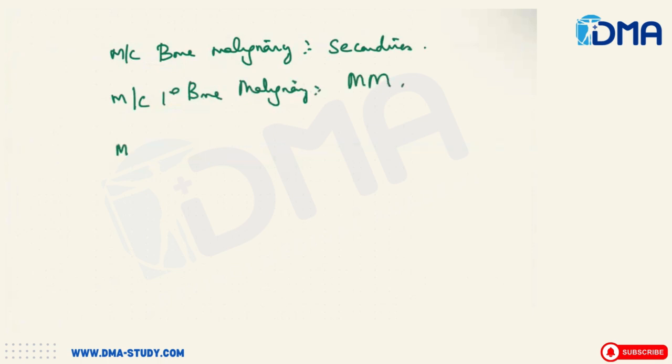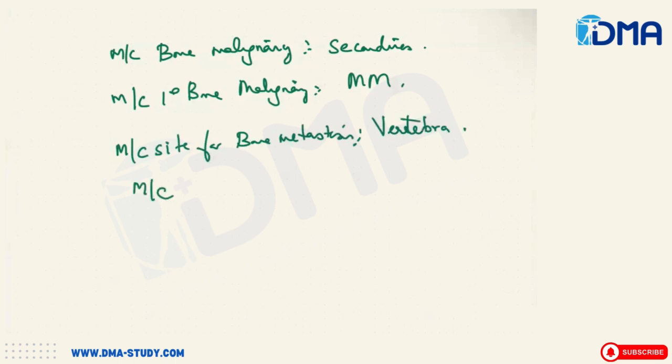Most common site for a bone metastasis to happen would be vertebrae. Then most common benign bone tumor will be osteochondroma.